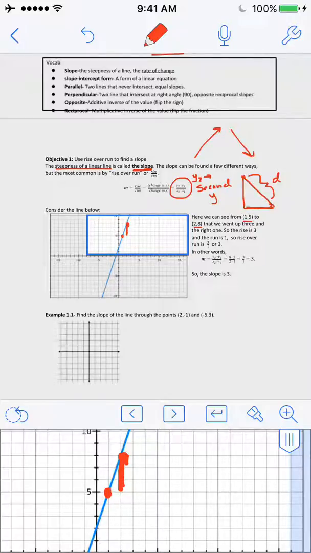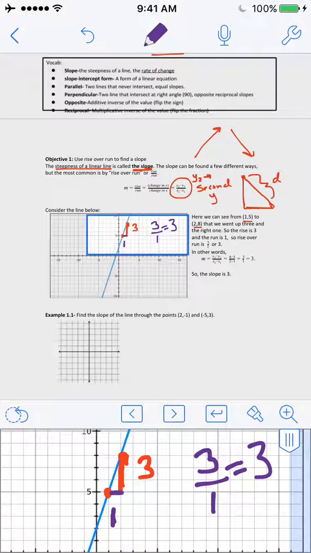From 5 to 8, that's 3 units. So it went 3 units up, right? And then how far did it go out? It went out from 1 to 2, that's 1 unit. So our slope would be rise of 3 over run of 1, or a slope of 3.